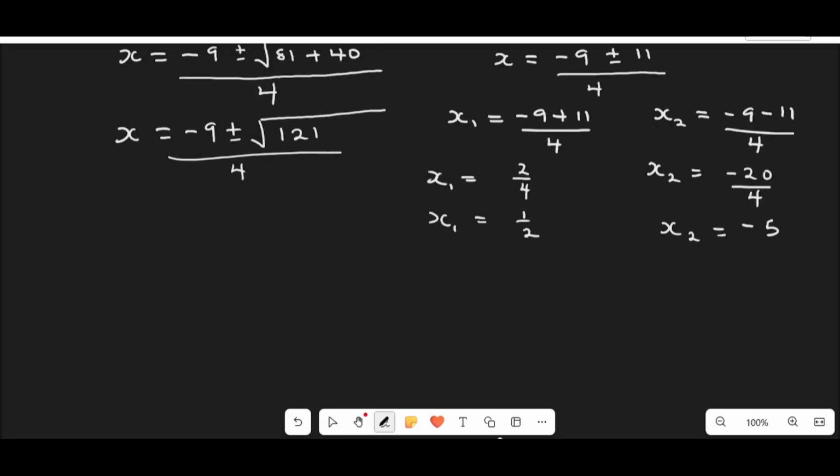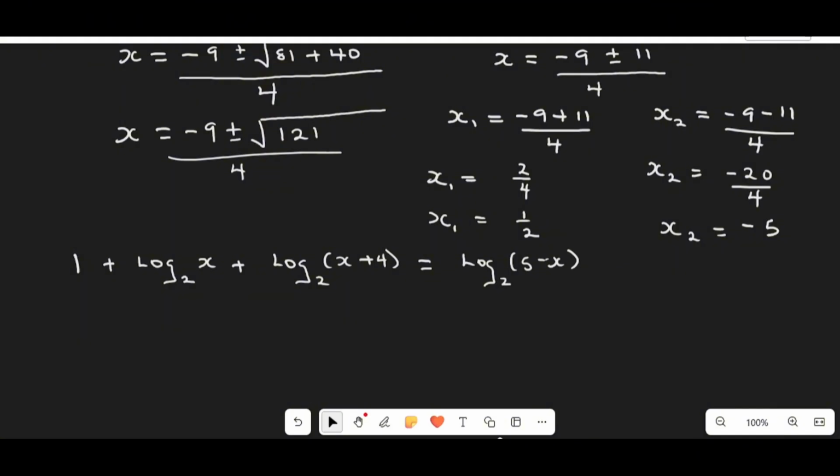I want you to recall our given equation, which is 1 plus log x base 2 plus log x plus 4 base 2 equals log 5 minus x base 2.